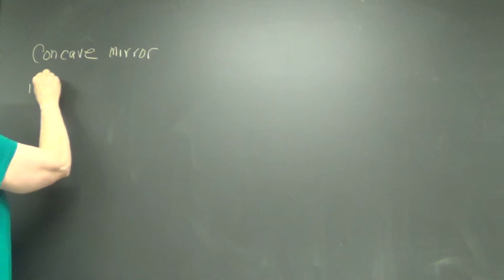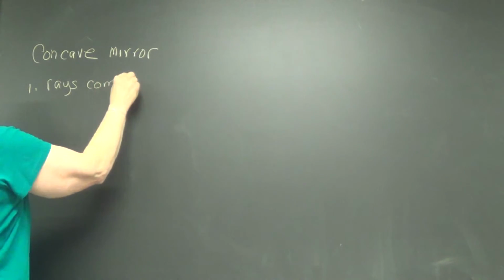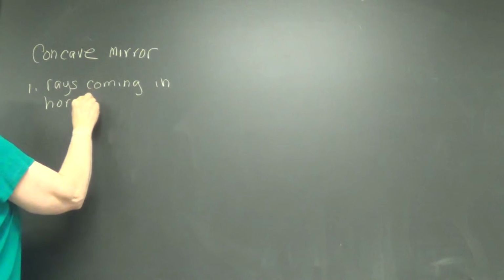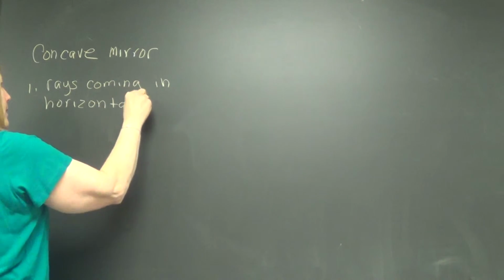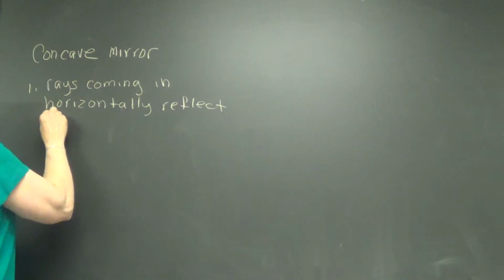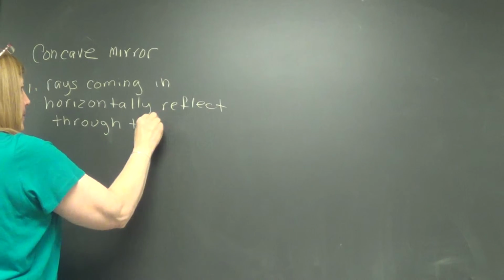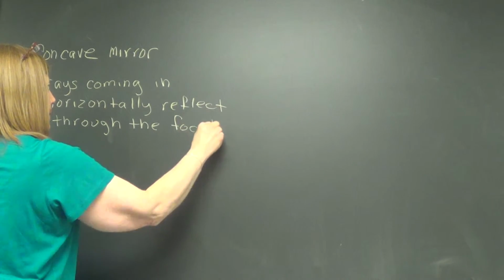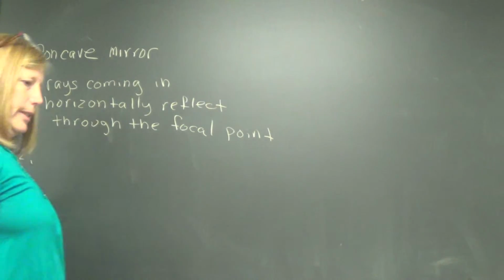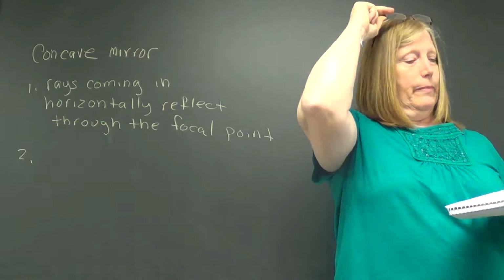Number 1, rays coming in horizontally reflect through the focus, or you call it the focal point. I'll say focal point. All right, I'll pause there. You get that down. Is that showing up, Aaron? Yeah. All right.